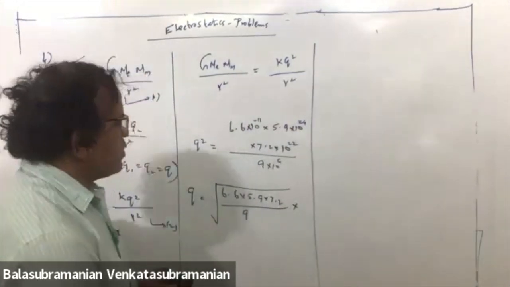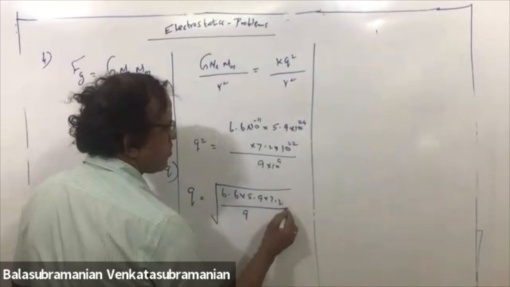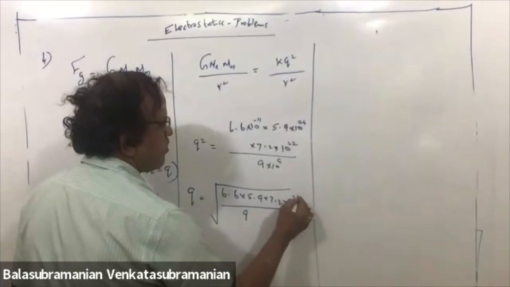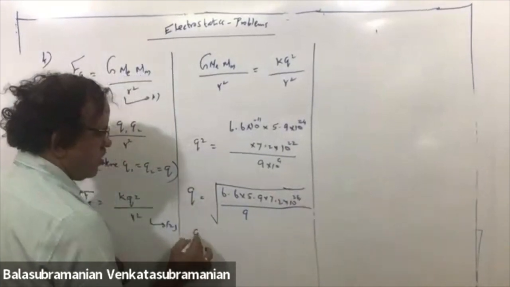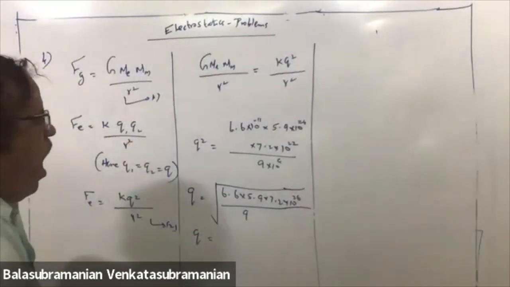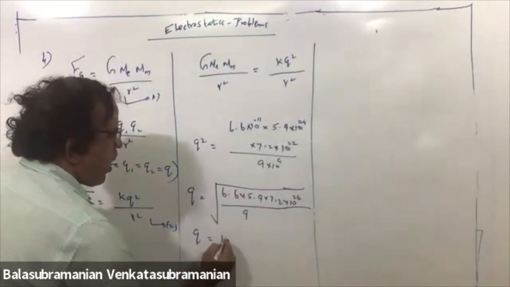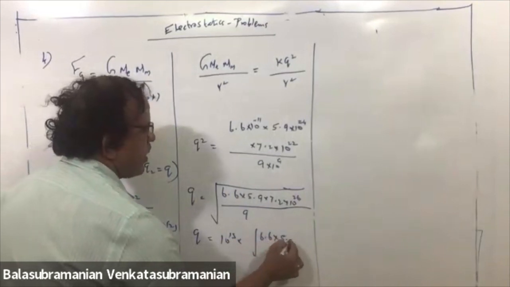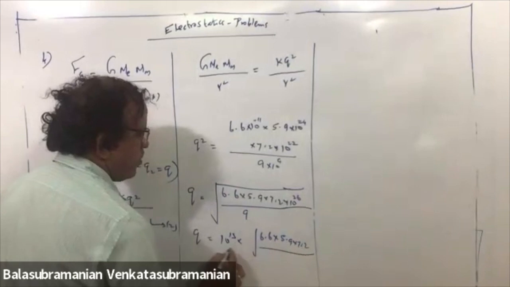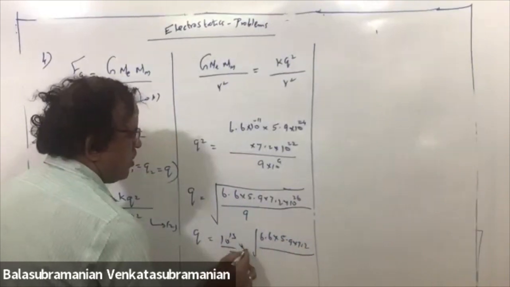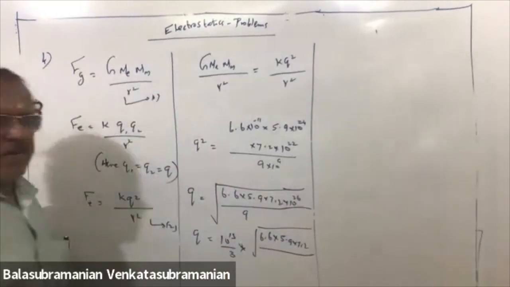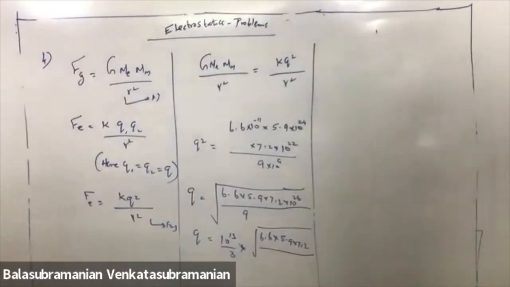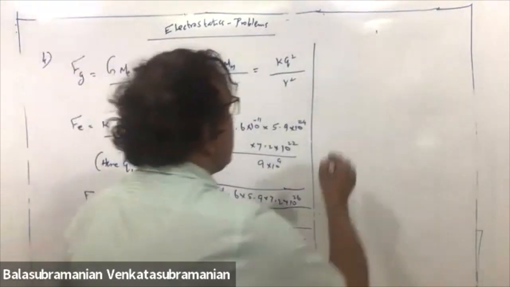So 10 power 26. Rearrange all the values 6.6, 5.9 into 7.2. Simplify. Take square root. You are getting answer 5.87 into 10 power 13.